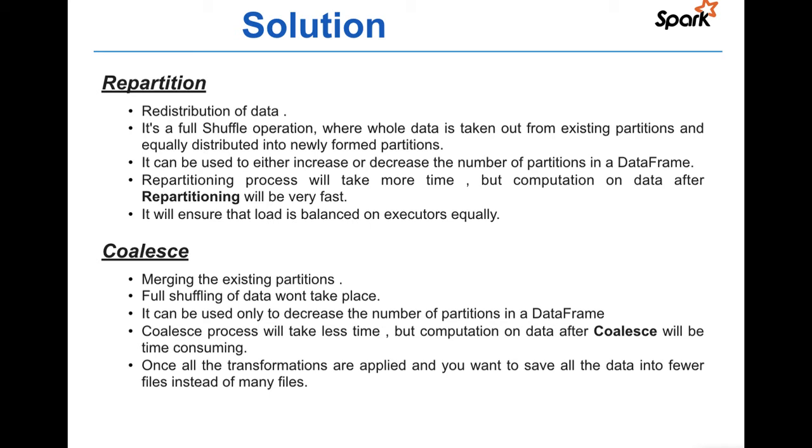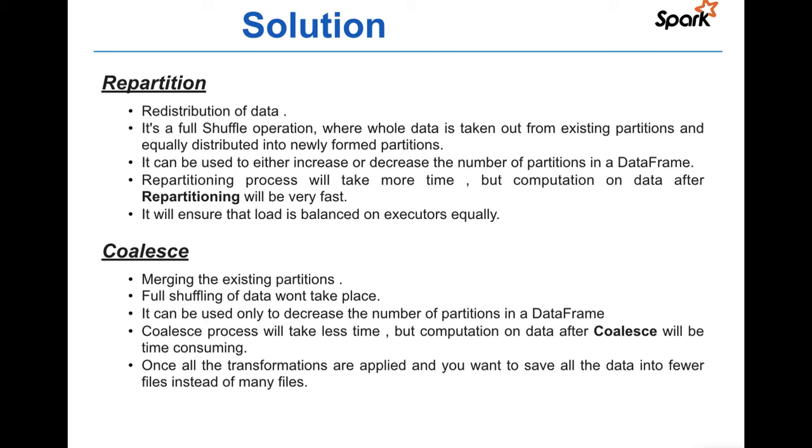Now coalesce. In coalesce, merging of some of the existing partitions takes place. Full shuffling of data won't take place here. It can be used only to decrease the number of partitions in the data frame.